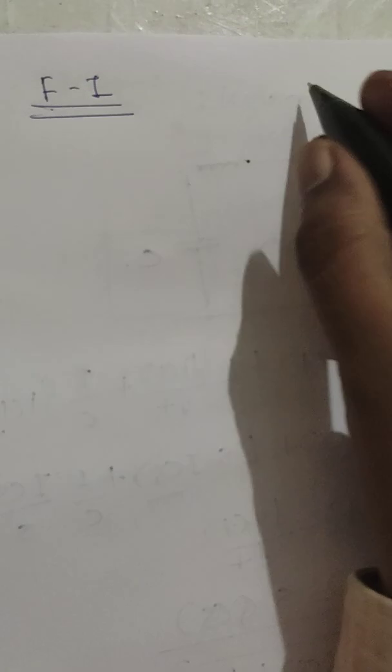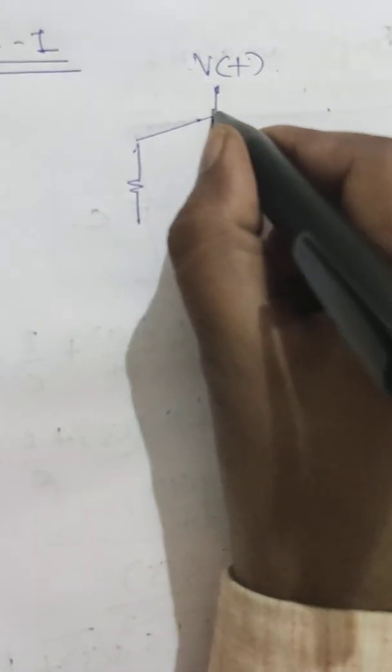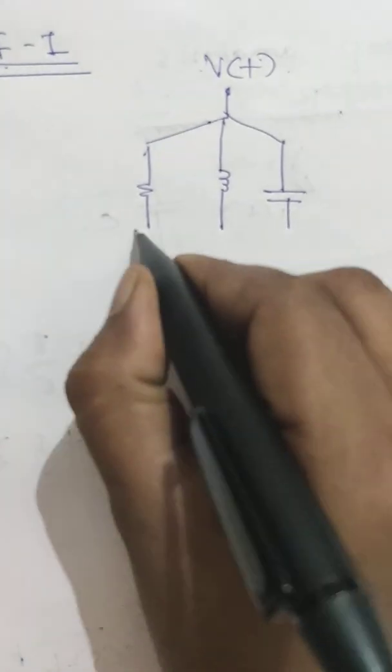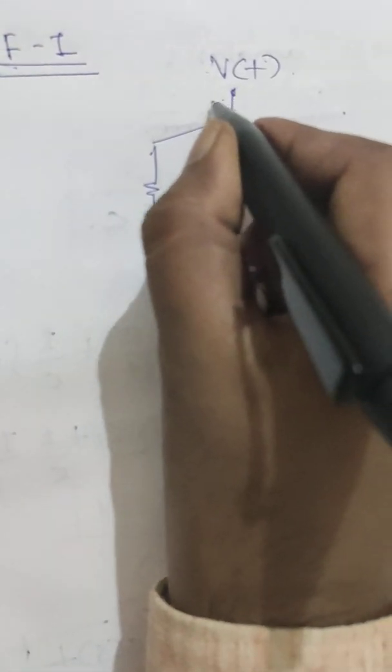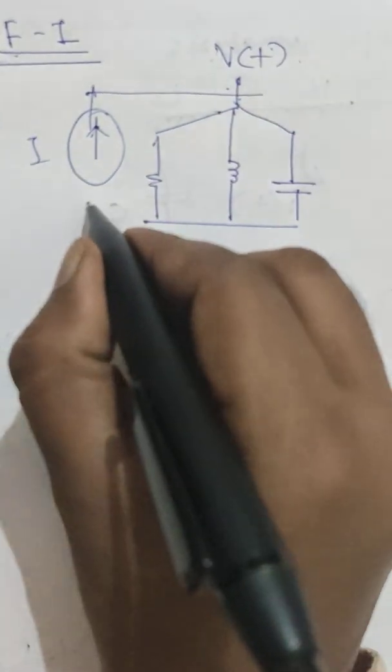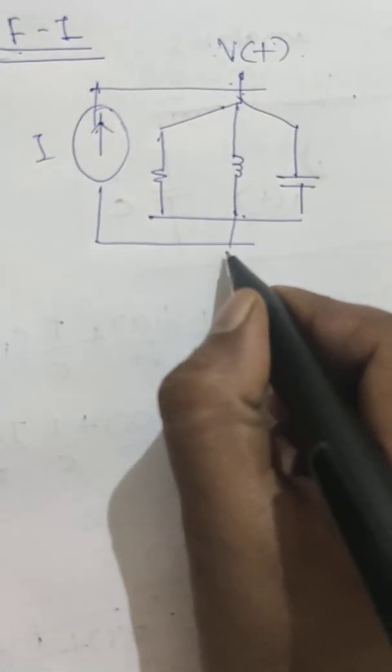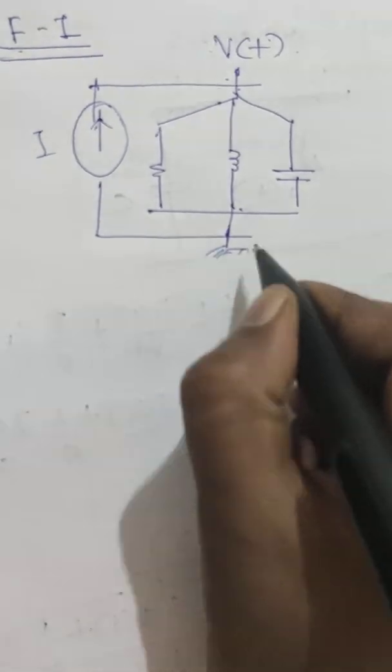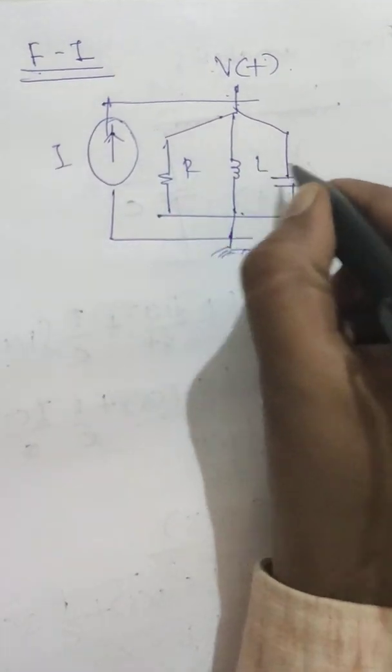Similarly, if we go for the nodal analysis, that is the force current analogy, then in the nodal analysis we have voltage at a node, then resistor, inductor as well as capacitor, and we have a current source. Here we have current through the resistor, inductor and capacitor.